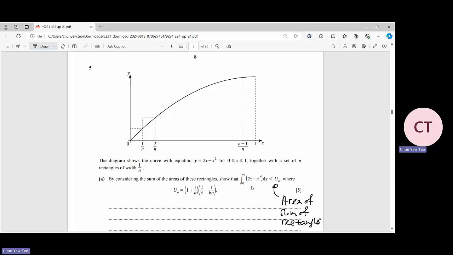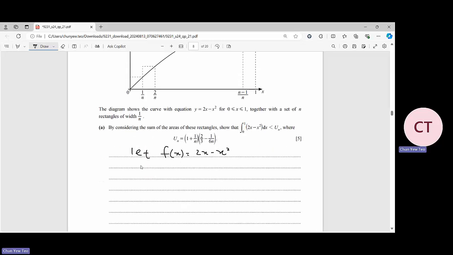So this is integration. First of all, we let our function f of x equal to 2x minus x squared.